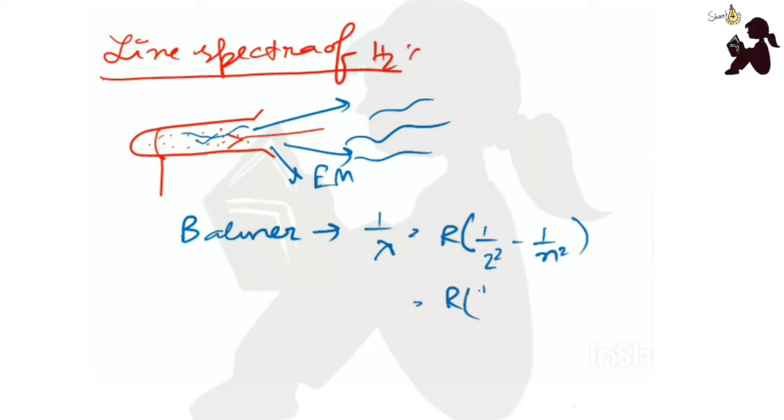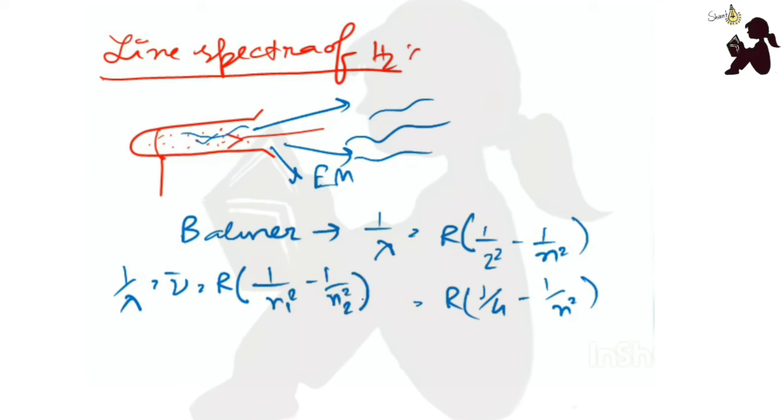That is R into 1 by 4 minus 1 by n square. Later this equation is modified and written as 1 by lambda, or wave number, equal to R into 1 by n1 square minus 1 by n2 square.